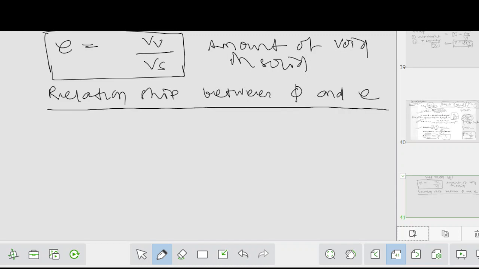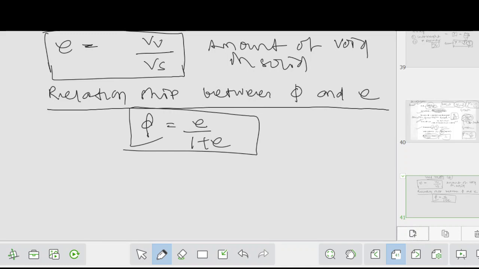What is it? Phi is equal to e by 1 plus e. How do you know? Can you derive it?